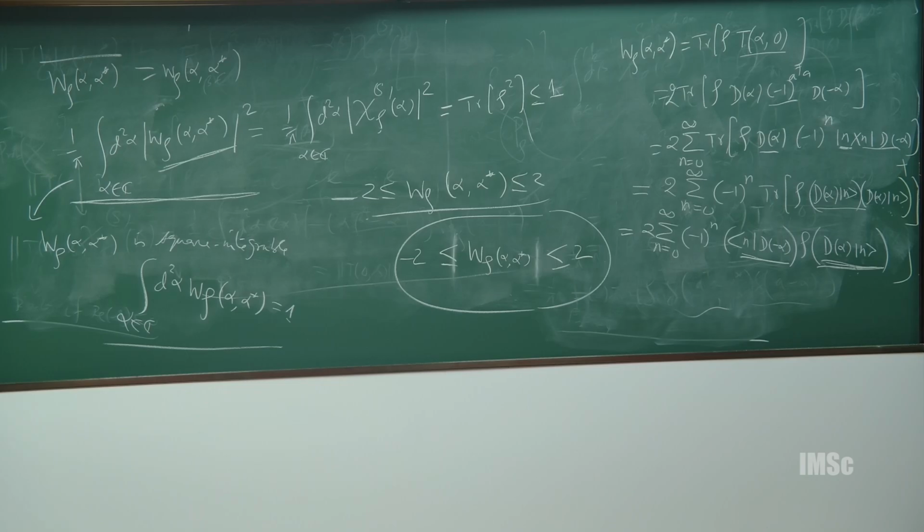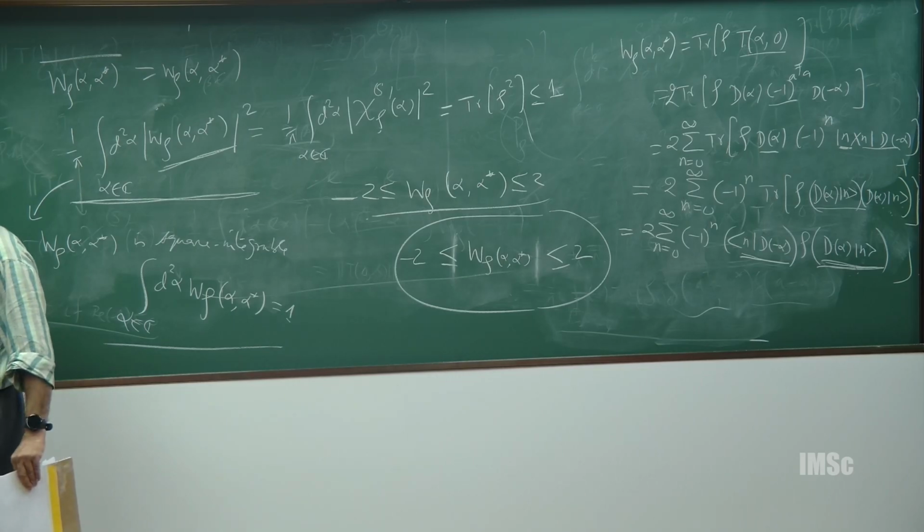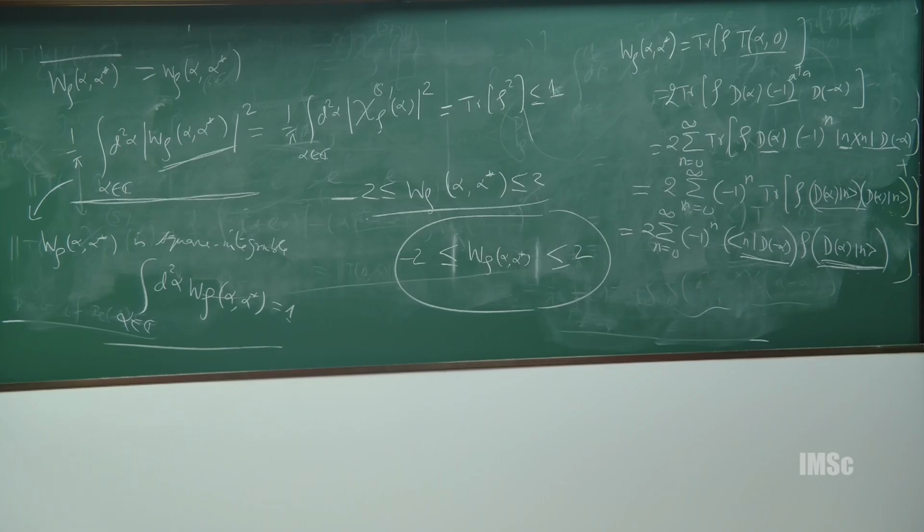What you will see is that this is |psi(x)| squared, the position probability distribution of the state vector. We will prove this also. Similarly, if I take W_psi(x, p) and integrate over x, this will be the momentum distribution. So, this is the Fourier transform.